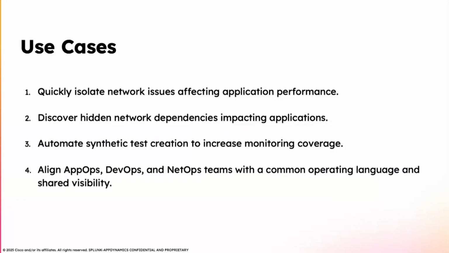So you have both the context together, which will help you troubleshoot quickly. So you can quickly identify if the issue that users are experiencing is because of the application or the network. And if it's the application, you can focus your troubleshooting efforts within AppDynamics, like you go to snapshots.